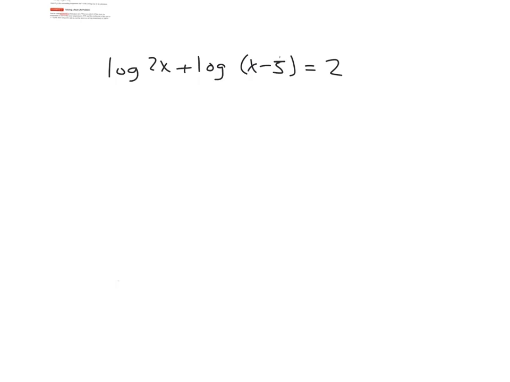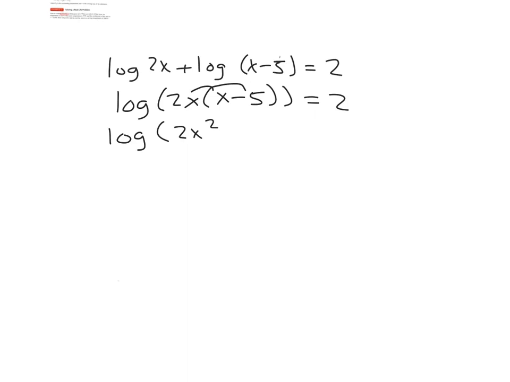You can actually apply the product property of logarithms to the left-hand side, and that would give you log of 2x times x minus 5, okay? So we're now applying things we learned from the last set of notes. Now let's go ahead and distribute this inside. So we have the log of 2x squared minus 10x, okay, is equal to 2.